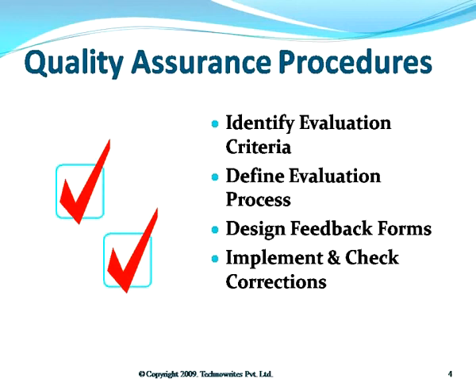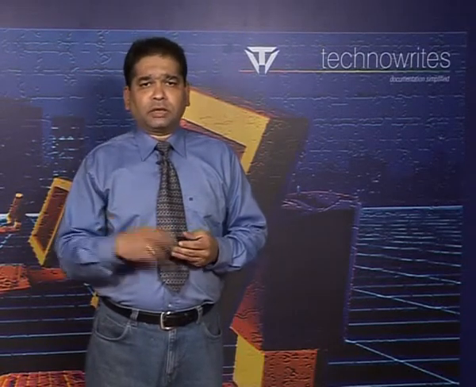There are two types of reviews: technical review, which is done by the subject matter expert, and language review, which is done by a co-writer, another technical writer. In technical review, they'll ensure that technical consistency is maintained. In language review, they'll ensure that proper language consistency is maintained and the proper style guides are followed. We are going to talk about style guides in a separate session.